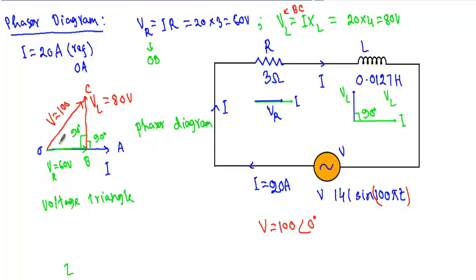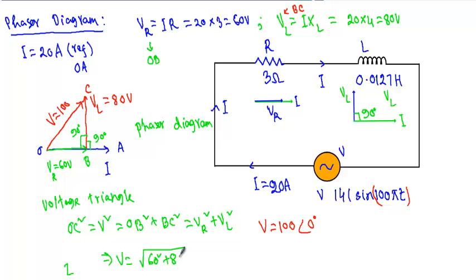In which hypotenuse square, OC square, which is equal to V square, will be equal to OB square plus BC square, equal to VR square plus VL square. So our V will be equal to root over 60 square plus 80 square, which is equal to 100 volt. Okay, that's it. Thank you.